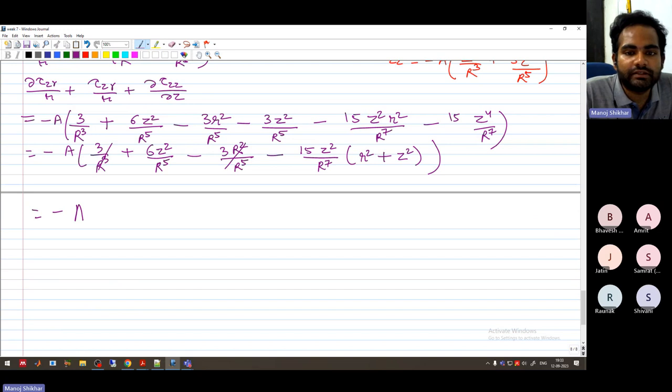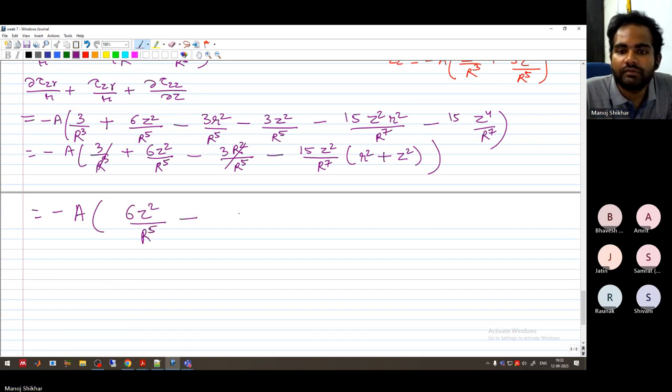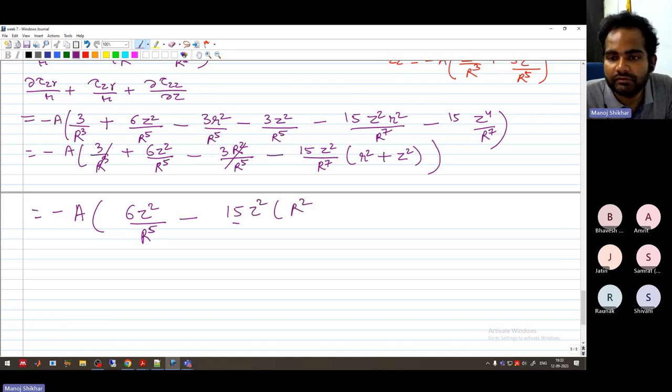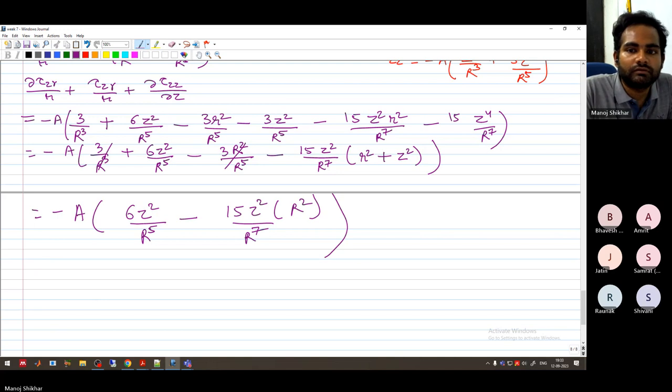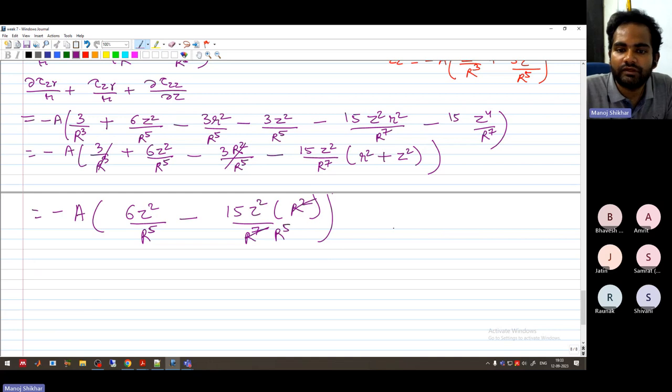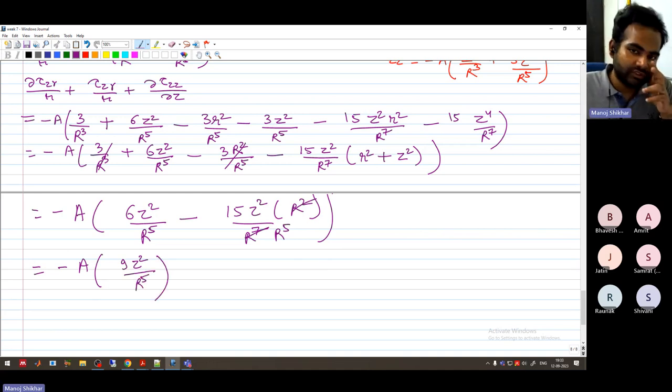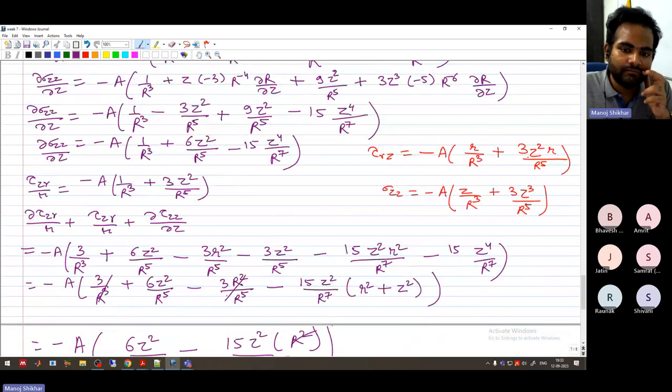So we have minus 6z square upon r to the power 5 minus 15z square. Here this has become capital R square and it will be replaced by this. These two will cancel and this will have r to the power 5. So basically we are left with what? 9z square by r to the power 5. So I suppose I have not made any mistake in the calculations.